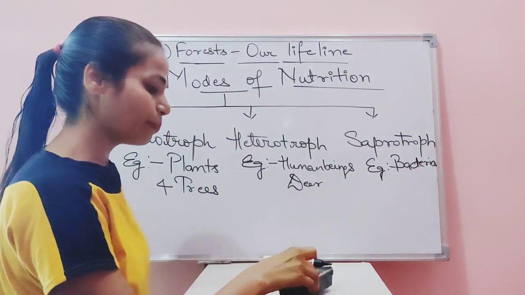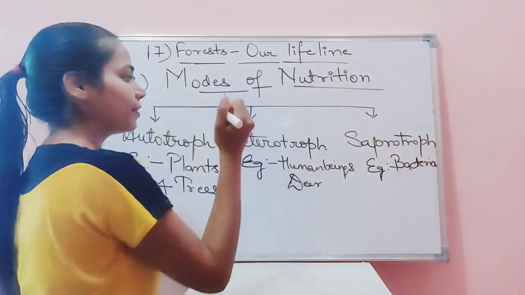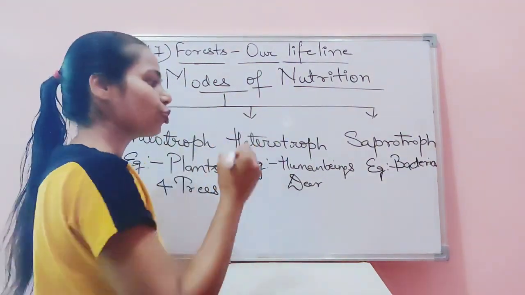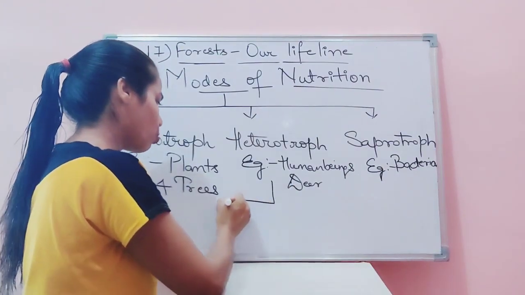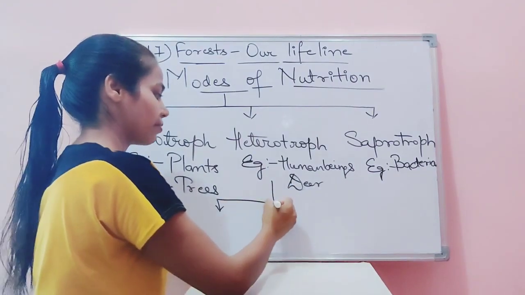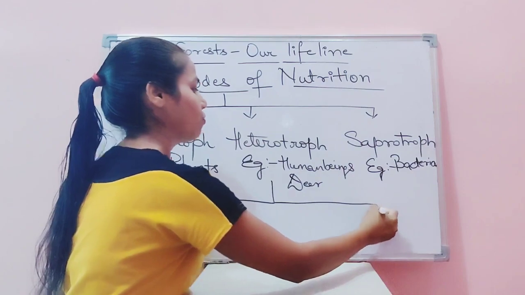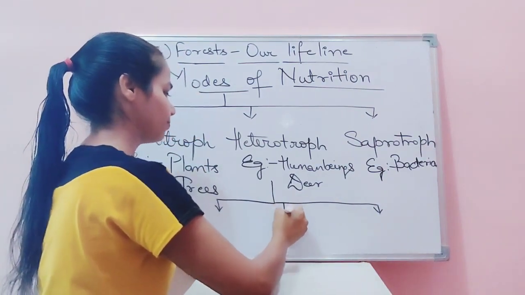Bacteria. Okay. Now, under this heterotrophic, we will find three more modes of nutrition, children.